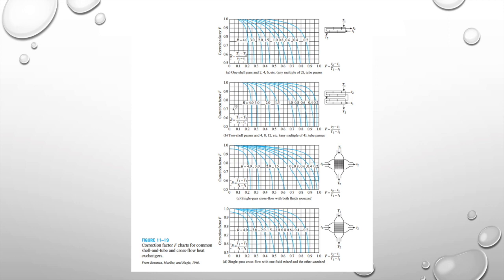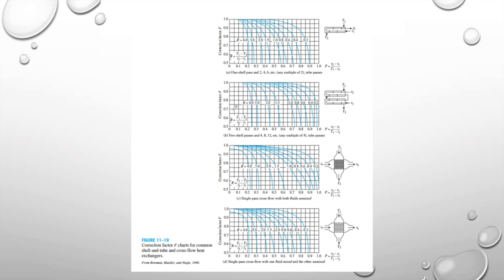Why? Because previously we know that the derivation of Q dot equal to UA delta T log mean is only for counter flow or parallel flow. The derivation is for these two types of heat exchanger.